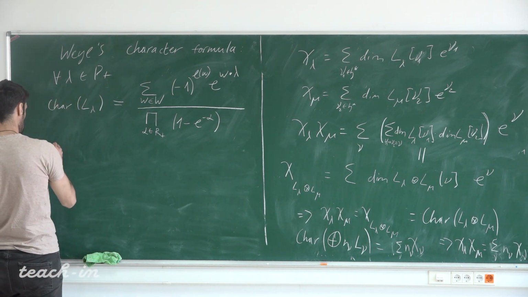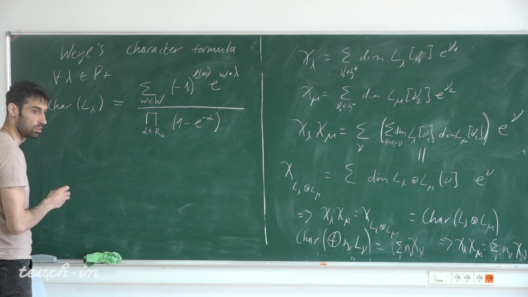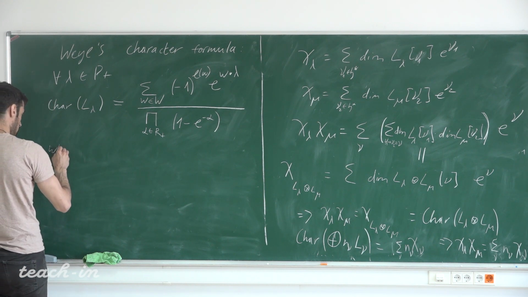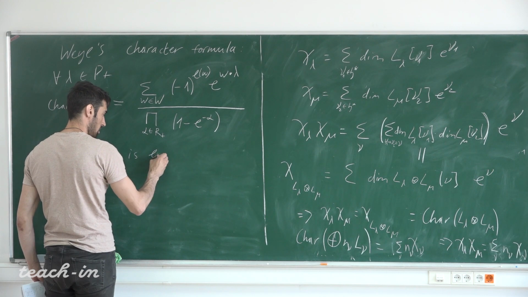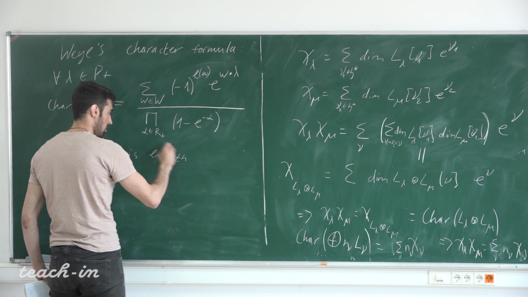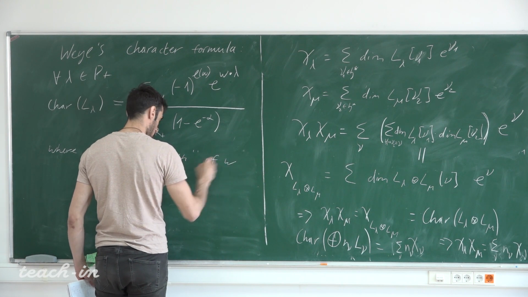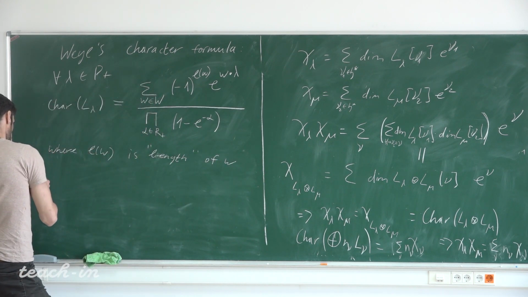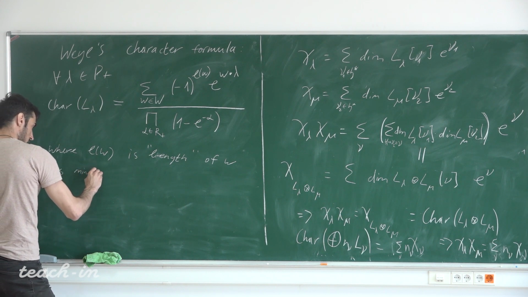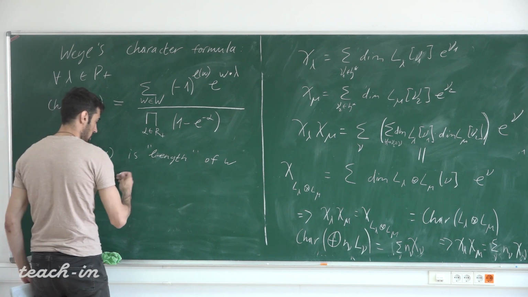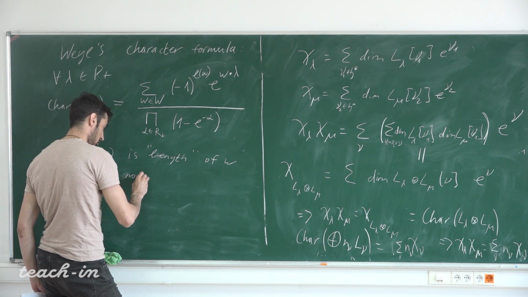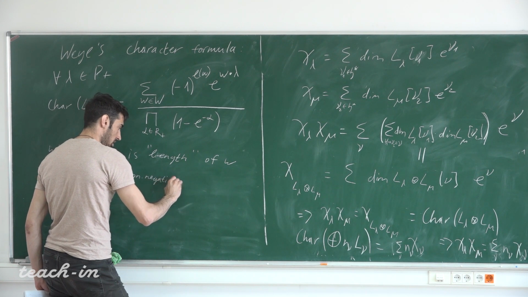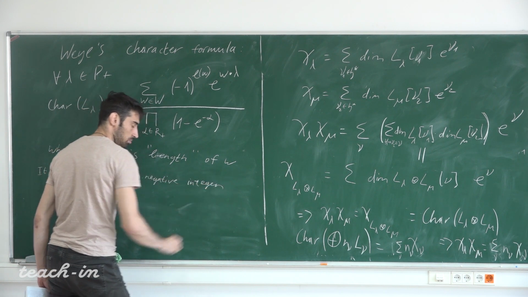What is L of W? Where L of W is what is called the length of an element W. So it is the minimal non-negative integer, because it can be 0 as well.